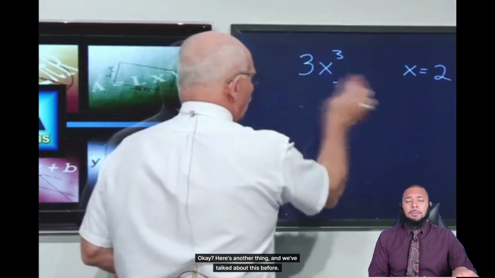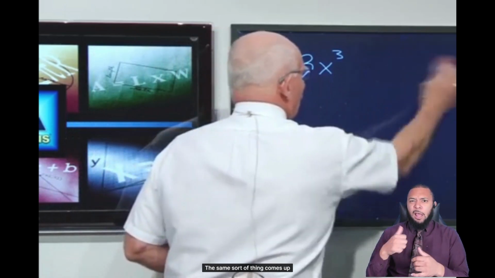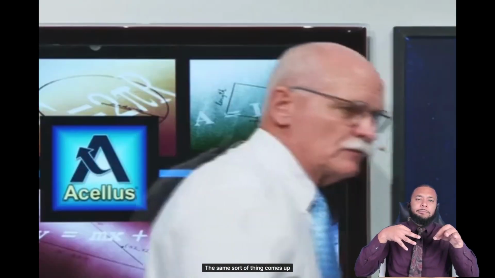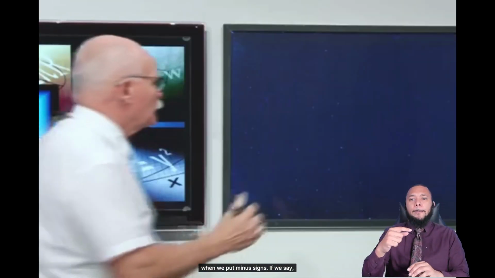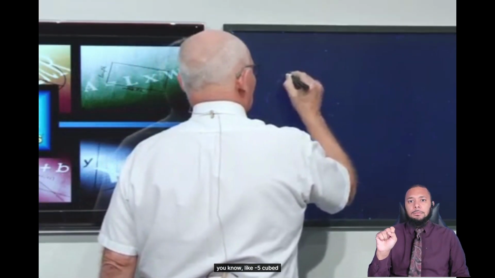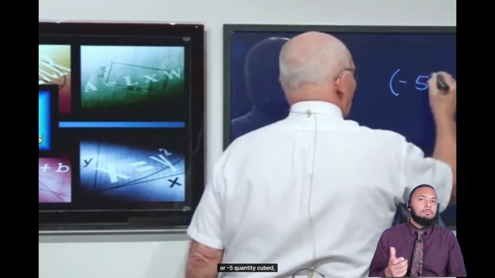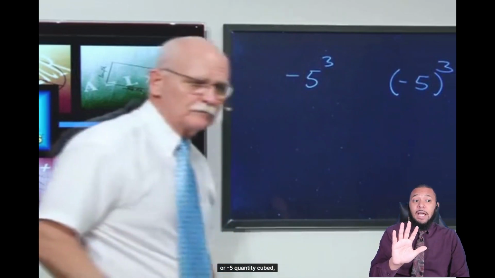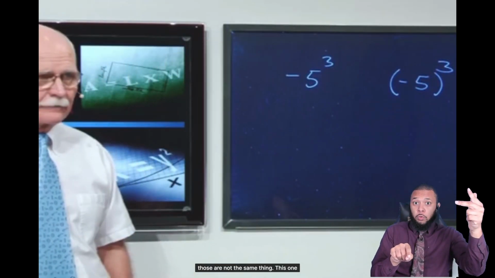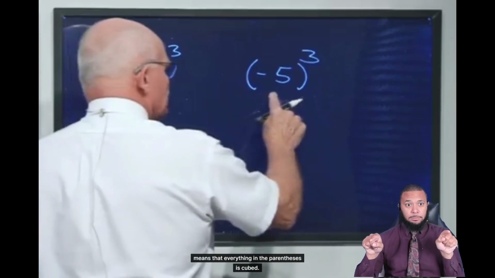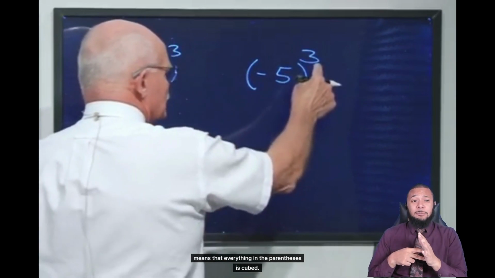Here's another thing, and we've talked about this before. The same sort of thing comes up when we put minus signs. If we say, like negative 5 cubed or negative 5 quantity cubed, those are not the same thing. This one means that everything in the parentheses is cubed.